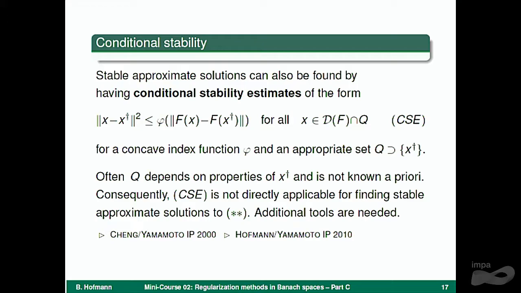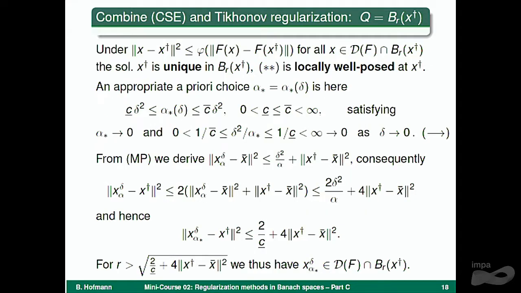This is the rough idea. The first nice paper was presented in Inverse Problems by Cheng and Yamamoto in 2000. This is the seminal paper on this, and I will give only some points here. I wrote it only for the Hilbert space situation.